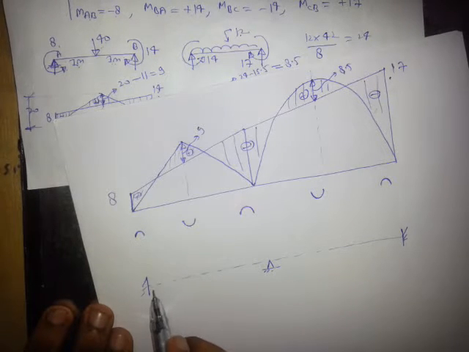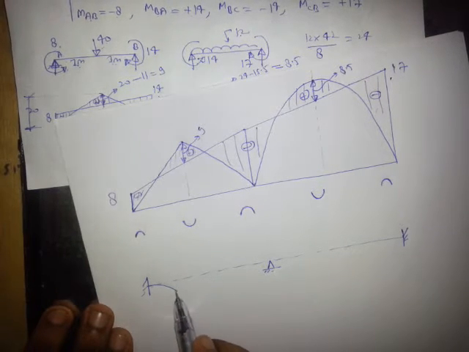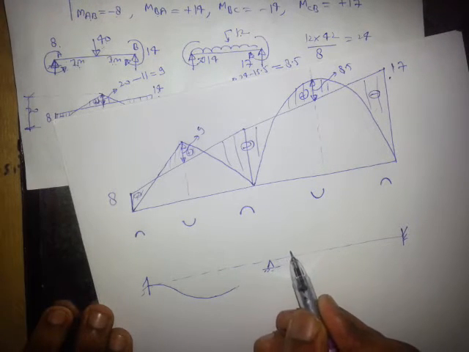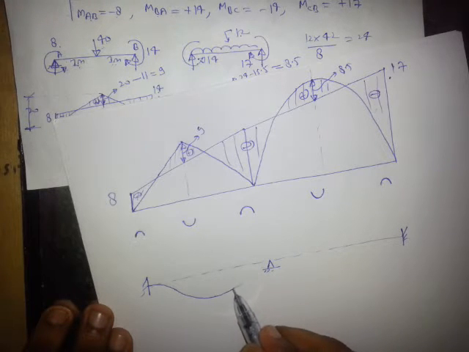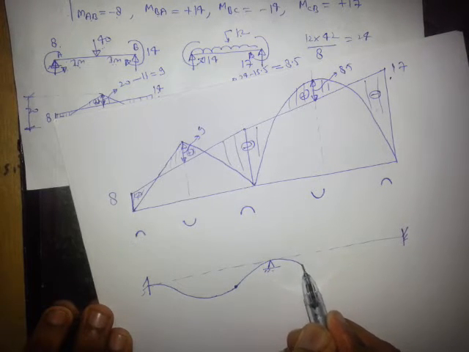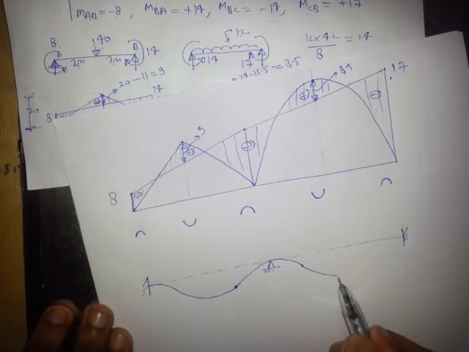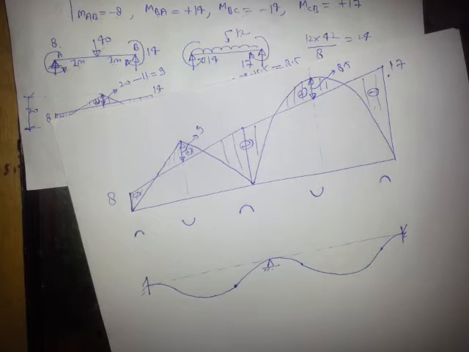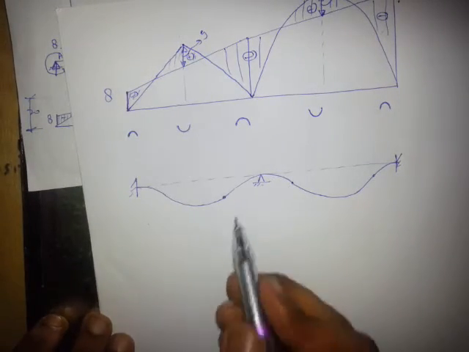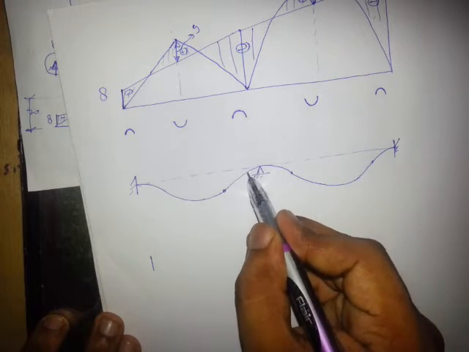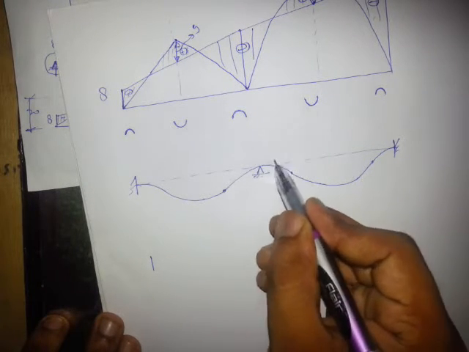Since it is fixed, so it will be like this. And more precisely it will be like this, because at this joint it will remain straight like this.